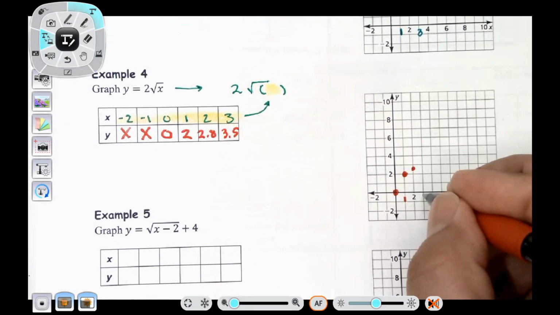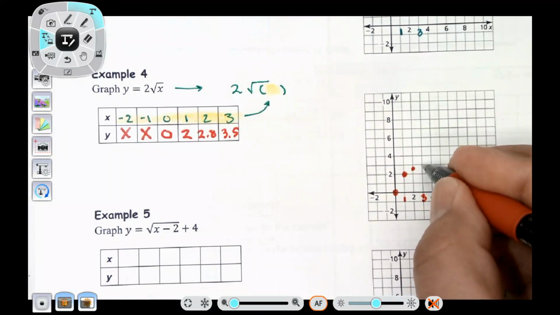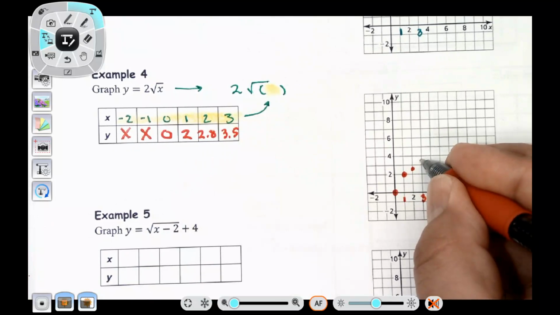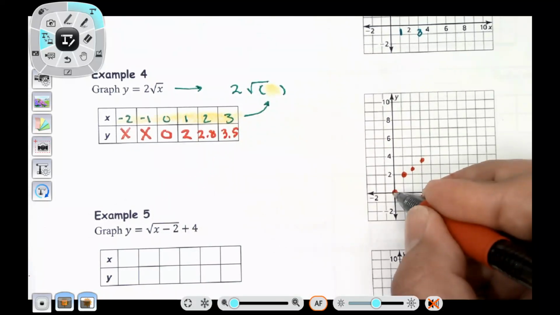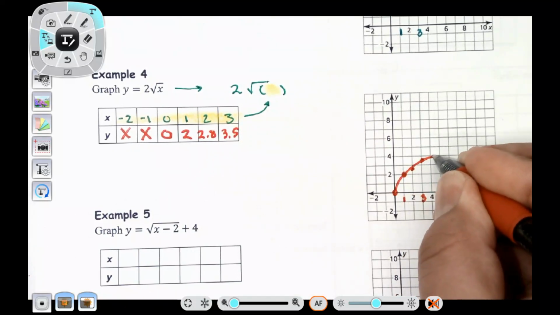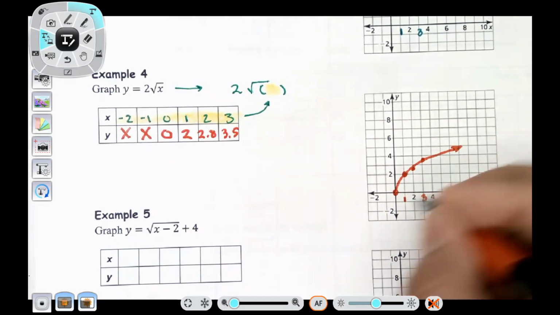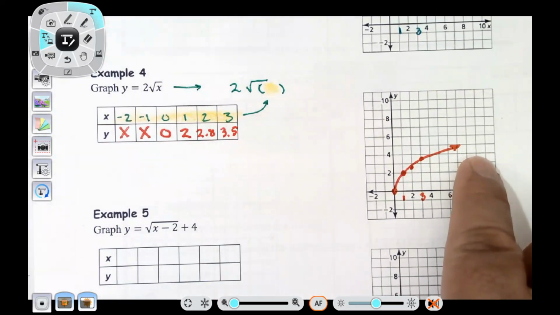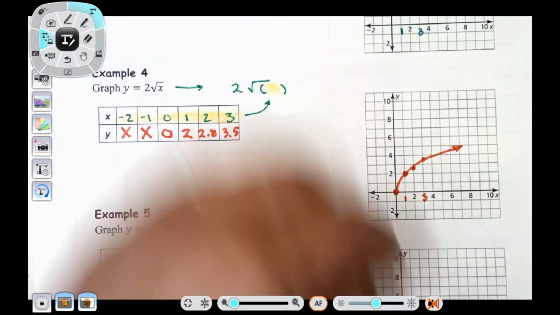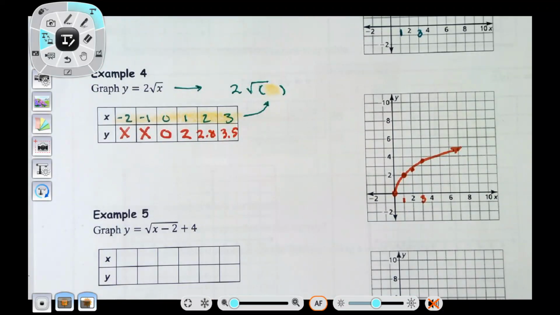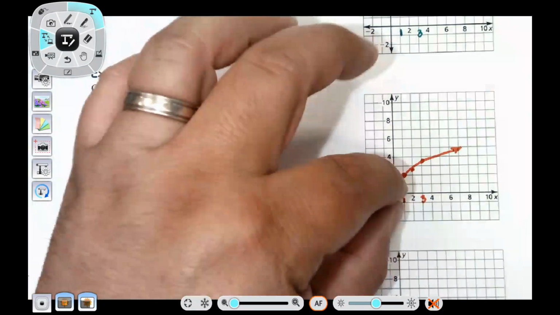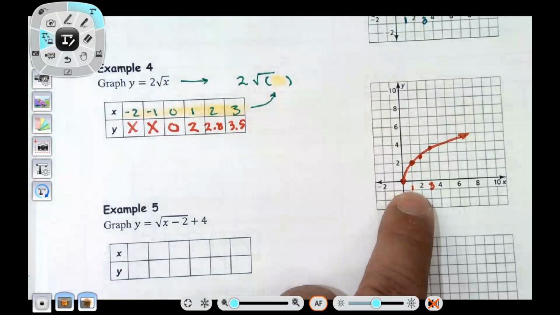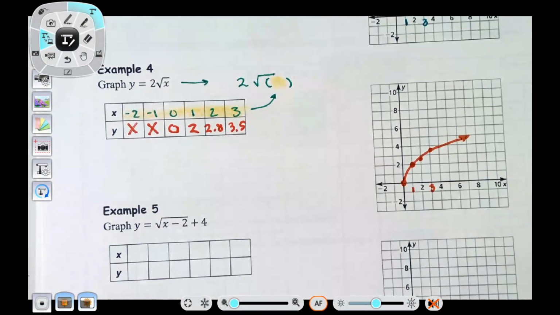And then 3. And then I go up to 3.5. So 3.5. So kind of halfway through. But you see, there it is. It is rising. Remember, slowly. You don't make it shoot up all of a sudden. It very slowly rises. But this one looked like it got stretched out compared to our last problem. It looks like they stretched out the graph because instead of being 1, 1, it went up to 1, 2.